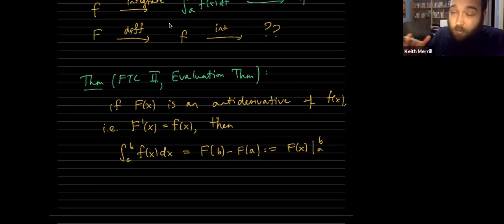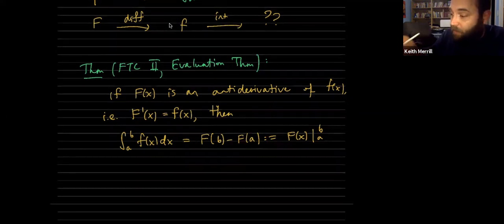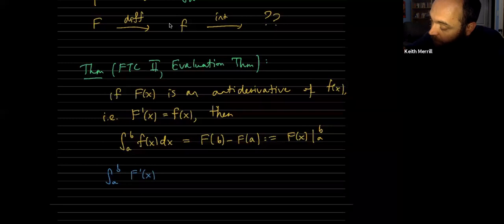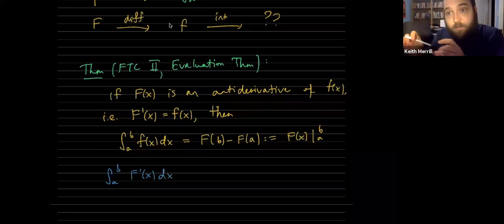I'm going to go through the proof, but I don't want to belabor it. I just want to say a couple things real quick. You should stop the video for a minute and think about why what I'm about to write is true. Remember, we assumed that little f was the derivative of capital F, because capital F was an antiderivative of little f.